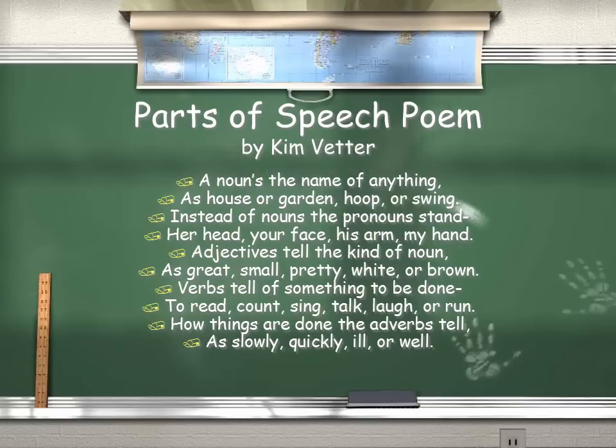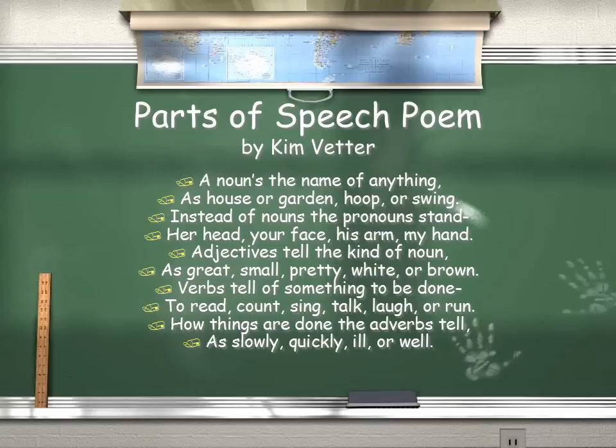Now we're going to quickly look at this poem about the parts of speech by Kim Vetter. Announce the name of anything, a house or garden, hoop or swing. Instead of nouns, the pronouns stand. Her head, your face, his arm, my hand.